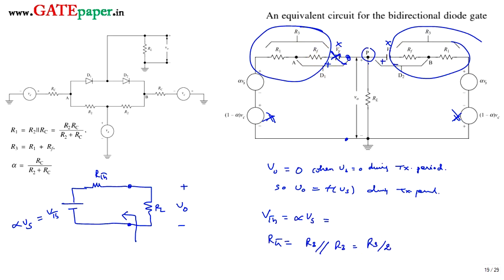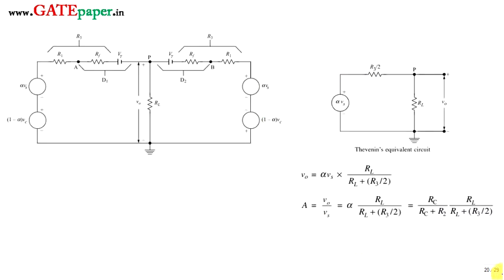RTh is equal to R3 by 2. So this is the equivalent model. Alpha Vs is the Thevenin's voltage and R3 by 2 is the Thevenin's resistance, and this is V0.